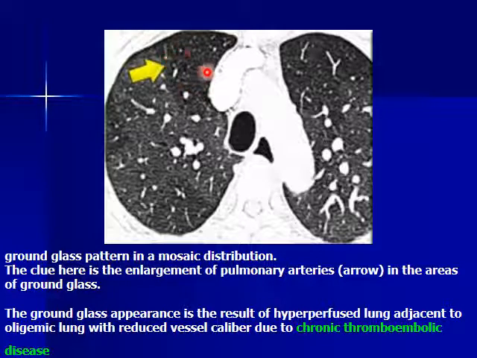It could be due to air trapping, small airway disease, or due to chronic thromboembolism due to hypoperfusion and hyperperfusion. Here we go to do pulmonary angiography to look for signs of chronic thromboembolism and so on. Okay?